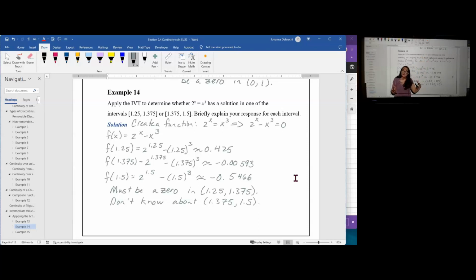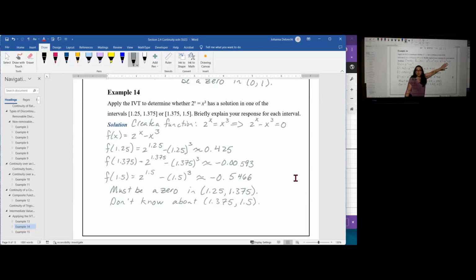Well, to test this, I can still use the intermediate value theorem. Even though there are two functions and I want to know if they're equal to each other, which may not be on the x-axis, I can instead set this equal to 0 and then create a function.